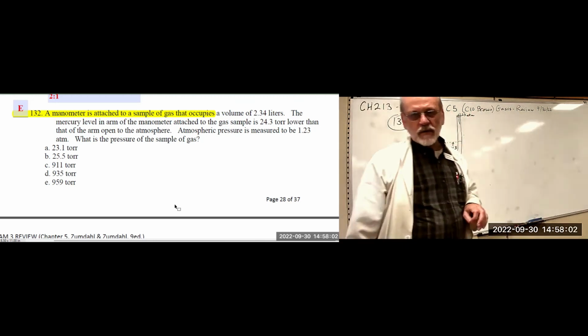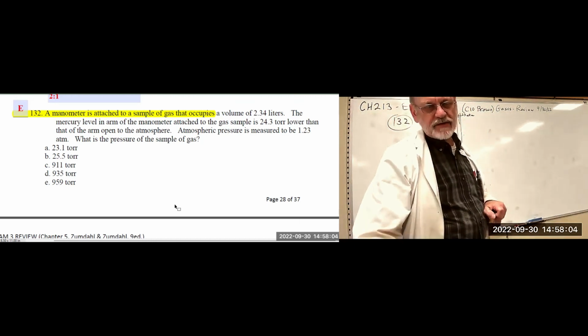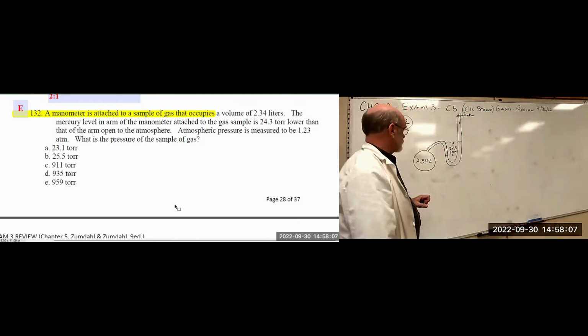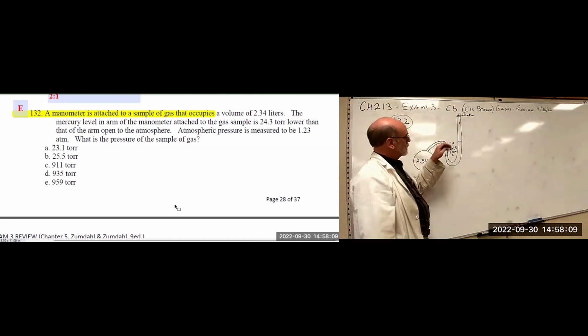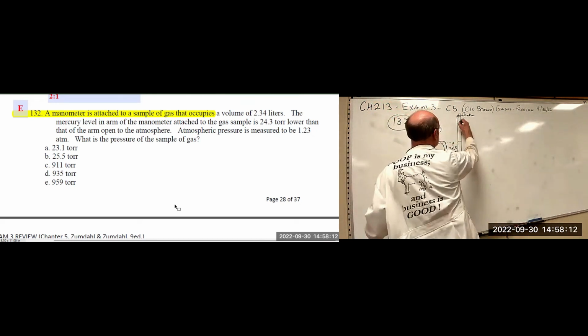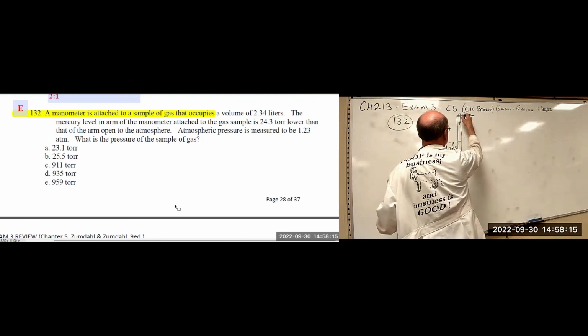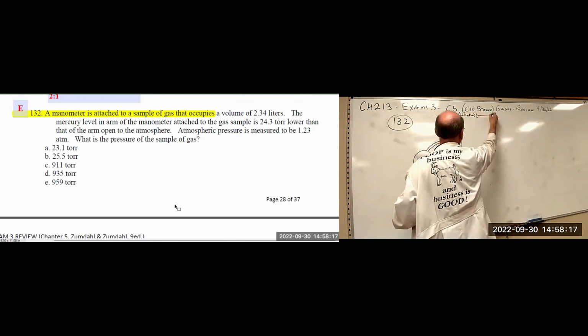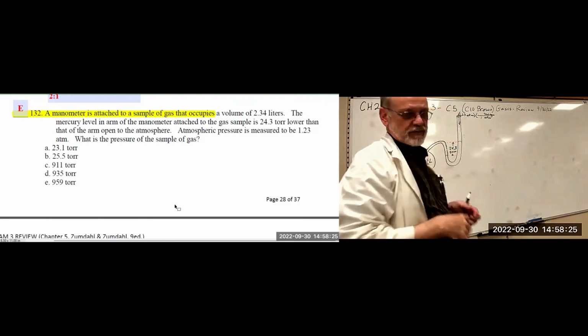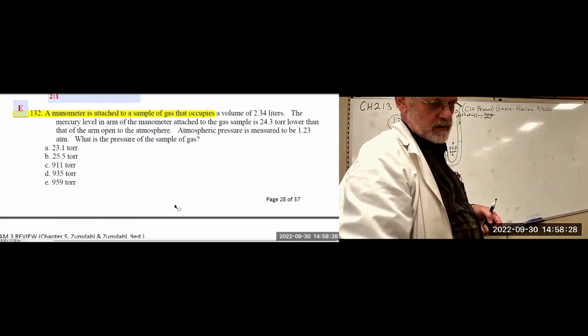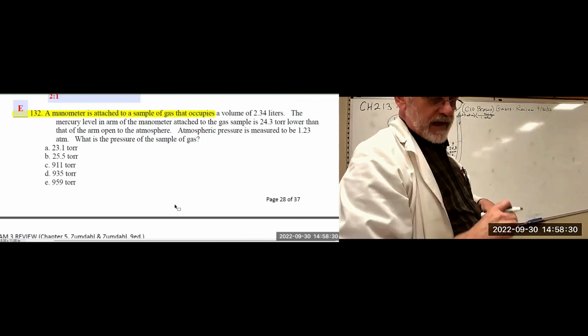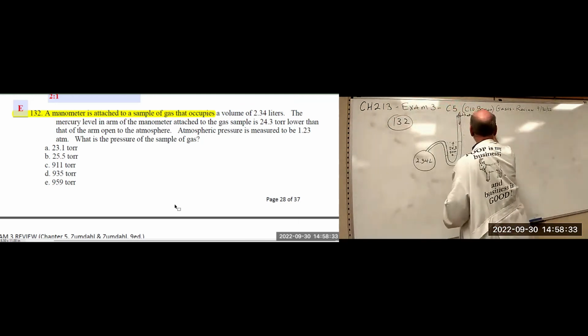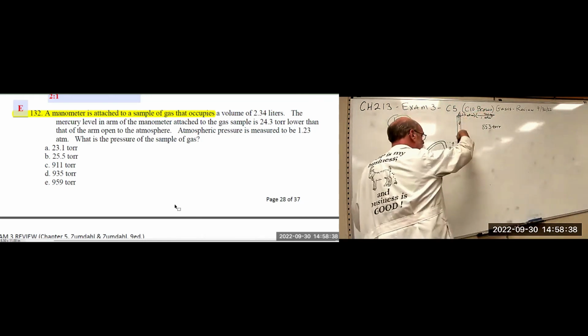Okay, so the question is, what's the pressure of the sample gas? Well, look at the answers. The answers are in torr. So we need to convert this 1.23 atmospheres into torr. 760 times 1.23. 853 torr is bearing down on this.